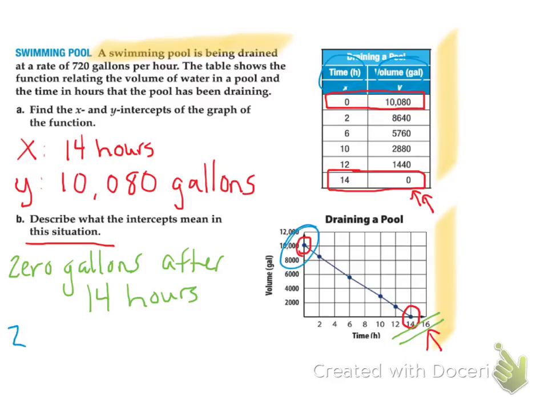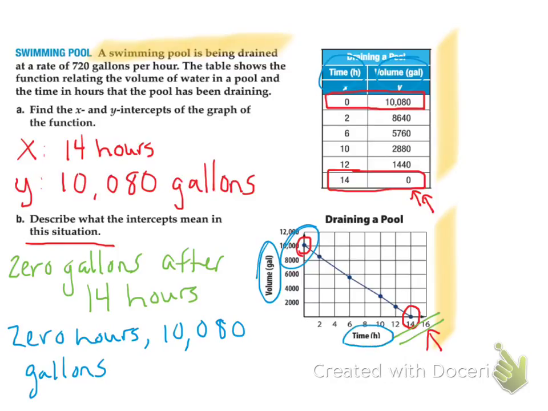At 0 hours of draining in the pool, there were 10,080 gallons of water that needed to be drained out of the pool. Okay, so it's really important that you look at your variables in order to answer this question. The time and the gallons. It helped us to identify specifically what it means in this problem.